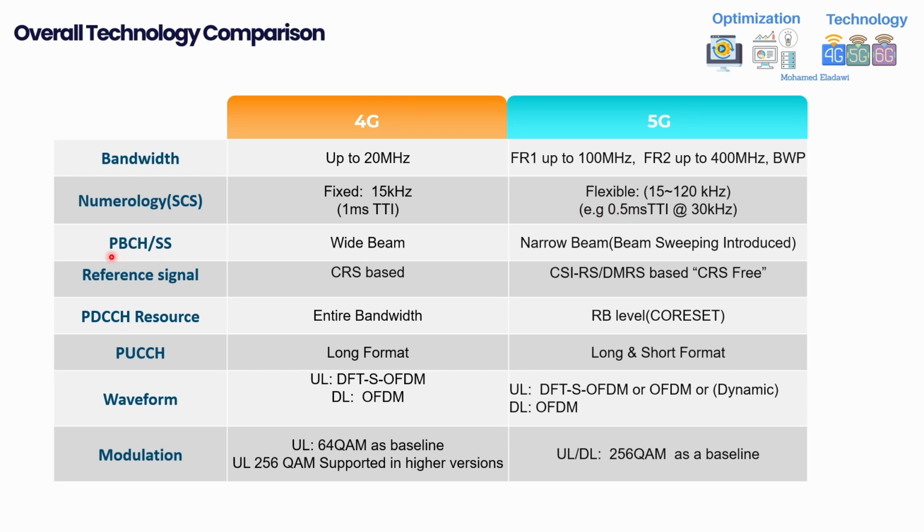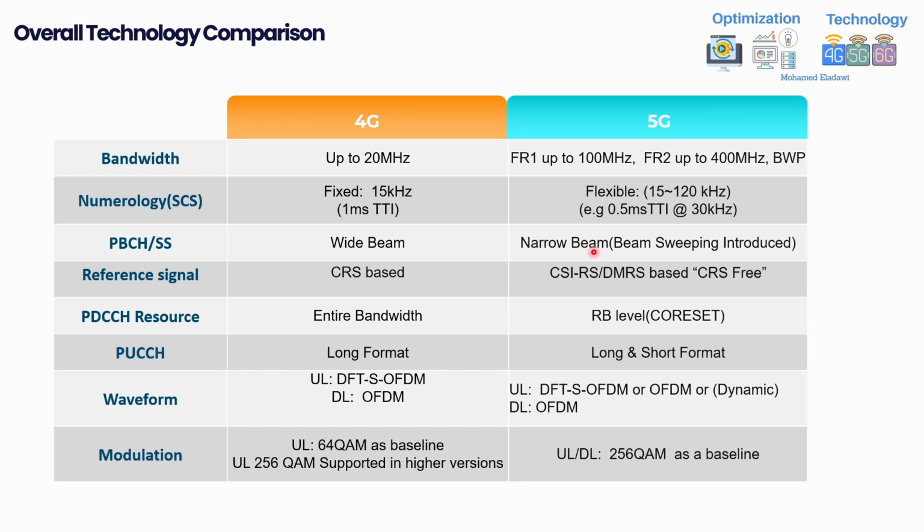Now going through the broadcast channel. In 4G, the broadcast channel was transmitted through a wide beam. I will go through one by one. I will try to simulate in the next slide, but I'm just addressing the overall points first before going into the details. So the broadcast channel in 4G was a wide beam. Now in 5G, the broadcast is transmitted in narrow beams.